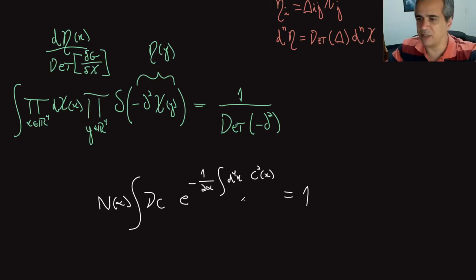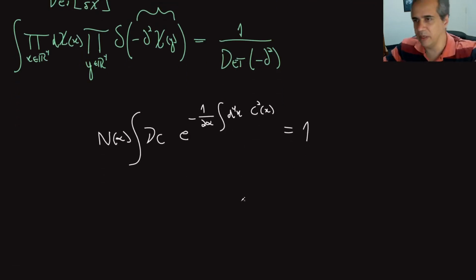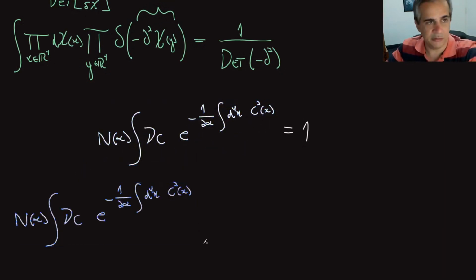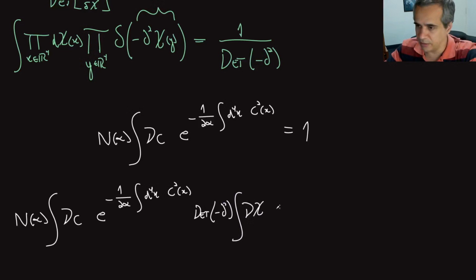Now I will multiply the two identities, this one and the one I've proven above, which is the determinant of minus del square integral over chi delta of g, which I'll write explicitly, A mu chi plus c.